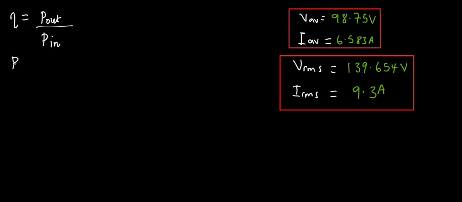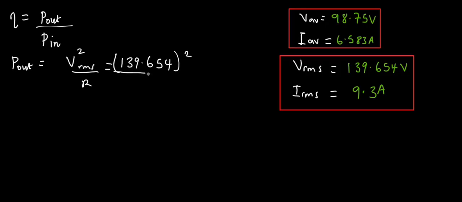So P out is equal to V squared RMS over R. So we have VRMS to be 139.654 all squared over R, which is 15. Then P out equals 1300.2 watts.